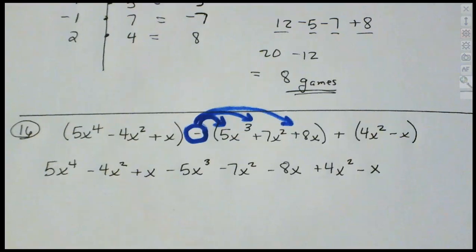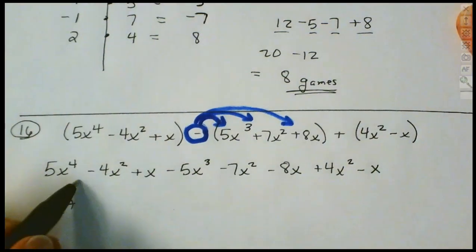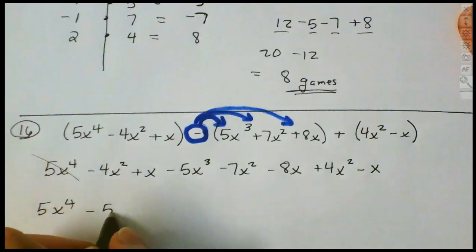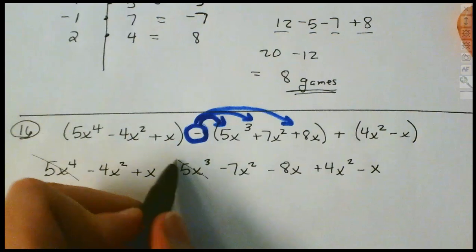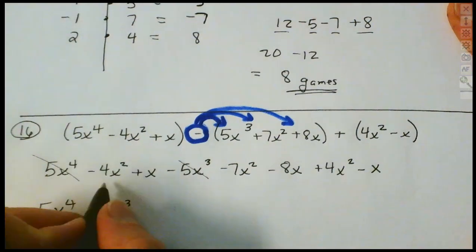Do not multiply them together. No multiplication. This is simply addition and subtraction. We write our highest power first, which is a 5x to the 4th. So that's gone. Then we've got a minus 5x cubed. Gone. Now, on the x squareds, we can add them together because we have multiple x squareds.